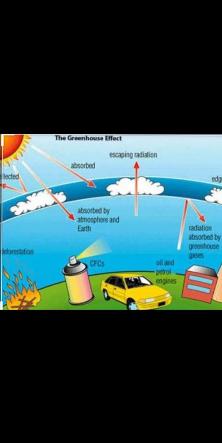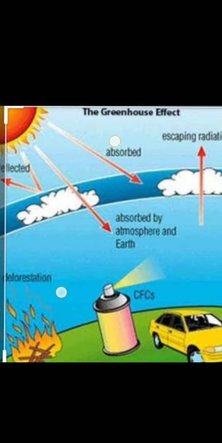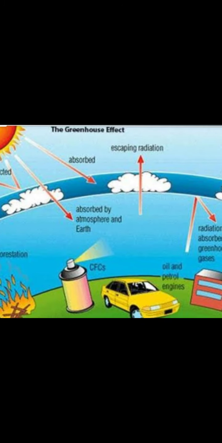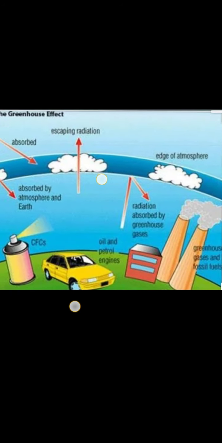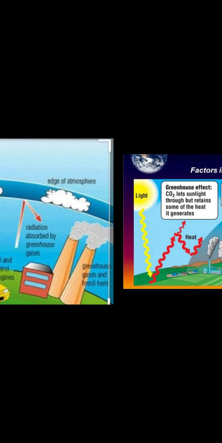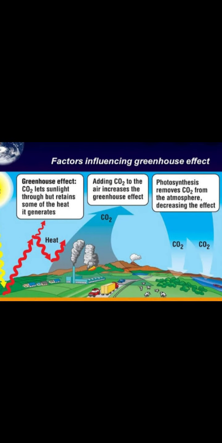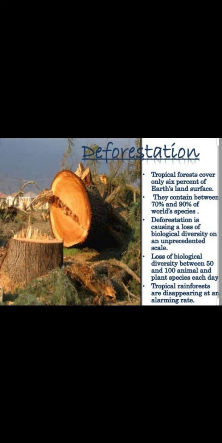So the sun rays, the radiation which come here, which should go out of the atmosphere, start staying inside this environment. So global warming starts. You can look here, because of human activities this happens. This is the cause.